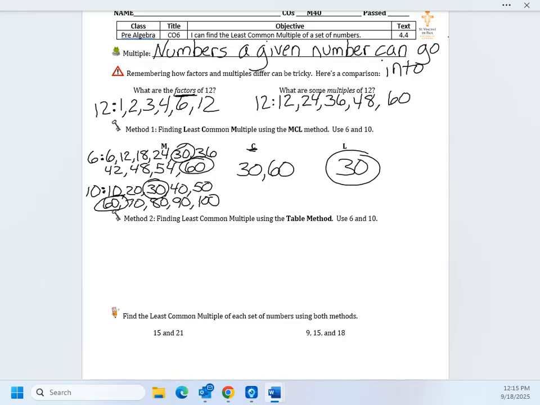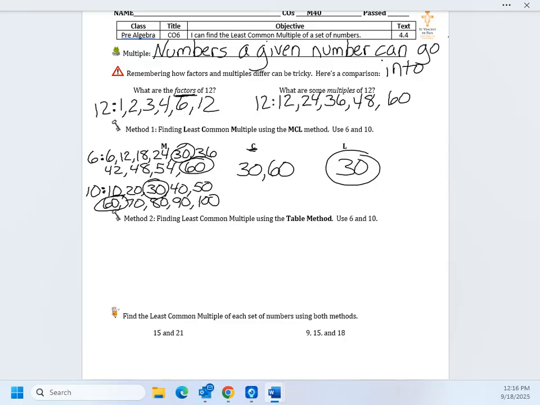Because if I didn't find a multiple in that first 10, would I just say, oh, they don't share any number in common? No, I would have to list another 10. Maybe their least common multiple is in the next 10, or in the next 10. It's hard when we're not sure right away what that least common multiple is.